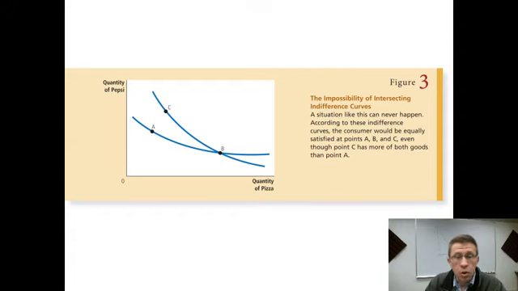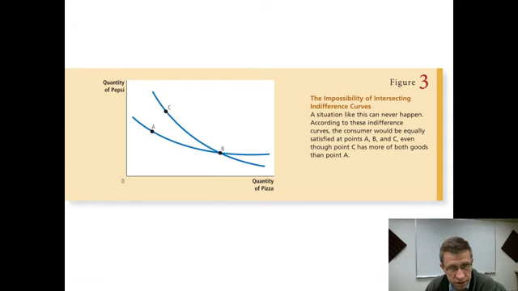Okay. Why is this impossible? Well, we have one indifference curve that has points A and B and continues on this way. Another that has A and C. Well, if we look at points A and C, at C you have more of both pizza and Pepsi, right?